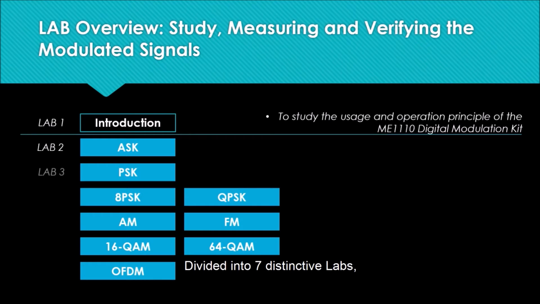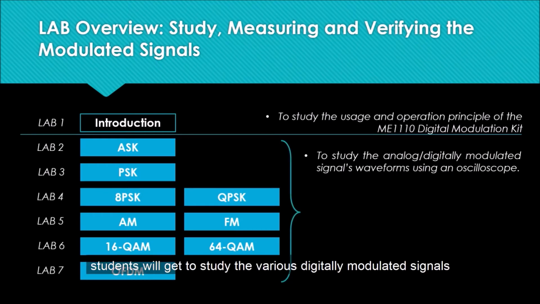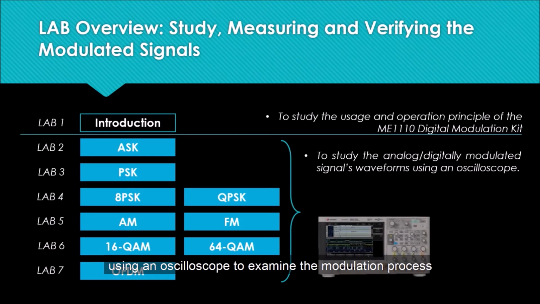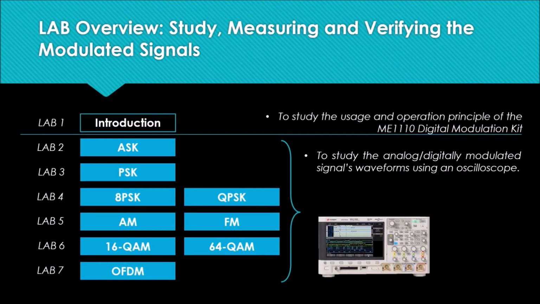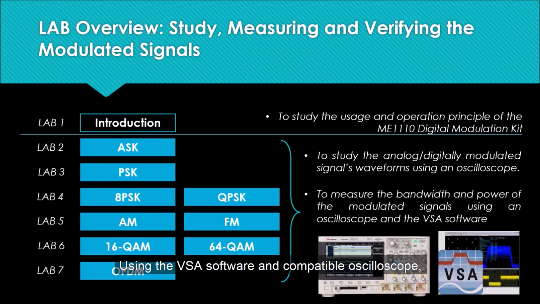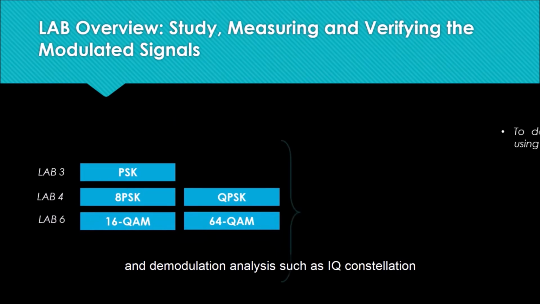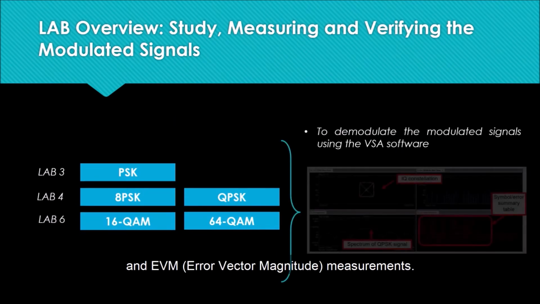Divided into 7 distinctive labs, students will get to study the various digitally modulated signals using an oscilloscope to examine the modulation process from baseband data to modulated RF signals. Using the VSA software and compatible oscilloscope, students can perform RF spectrum analysis, such as RF bandwidth and power measurements, and demodulation analysis, such as IQ constellation and EVM measurements.